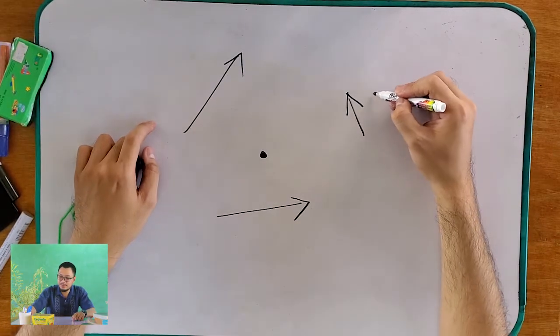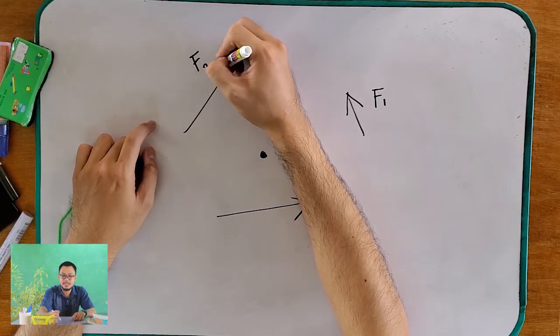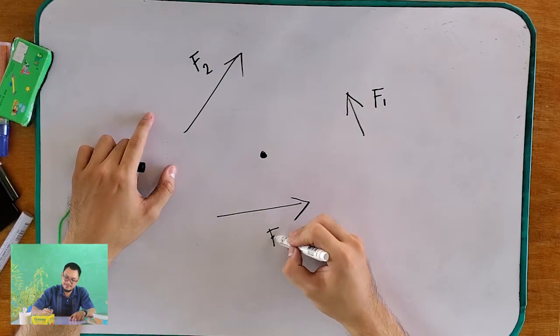Let's call this one F1, this one F2, and this one F3. How are you going to sum the moments of these three forces?